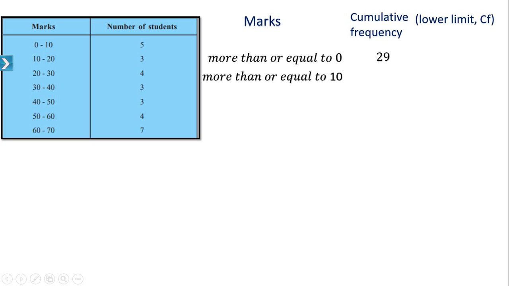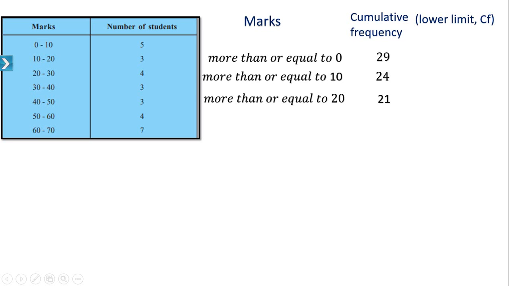Now, more than or equal to 10, subtract 5 from 29, you will get how many scores are more than or equal to 10, that is 3 plus 4 plus 3 plus 3 plus 4 plus 7, or you have to subtract 5 from 29, that is 24. Then more than or equal to 20, that is 24 minus 3. So, 21.